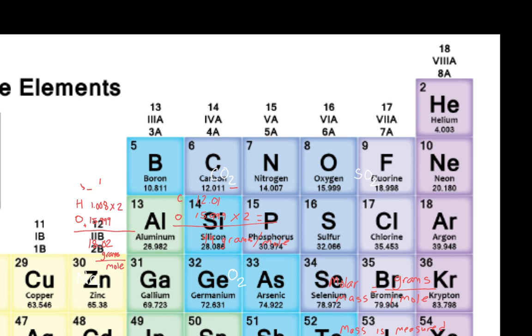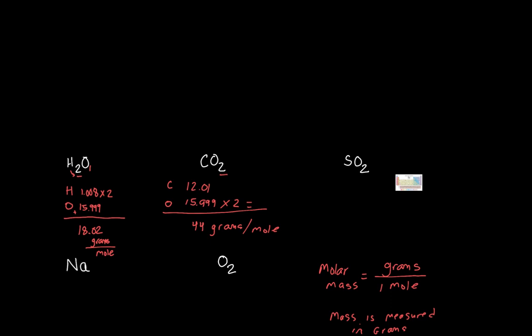All right, then if we look at sulfur dioxide, SO2, we can see sulfur has a molar mass of 32.066. It's element number 16. And then dioxide is 2 oxygens. We can just use that 15.999 again. So here we go.